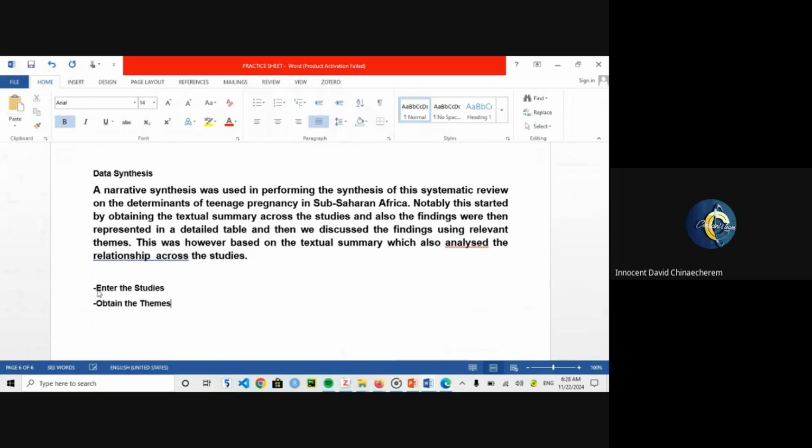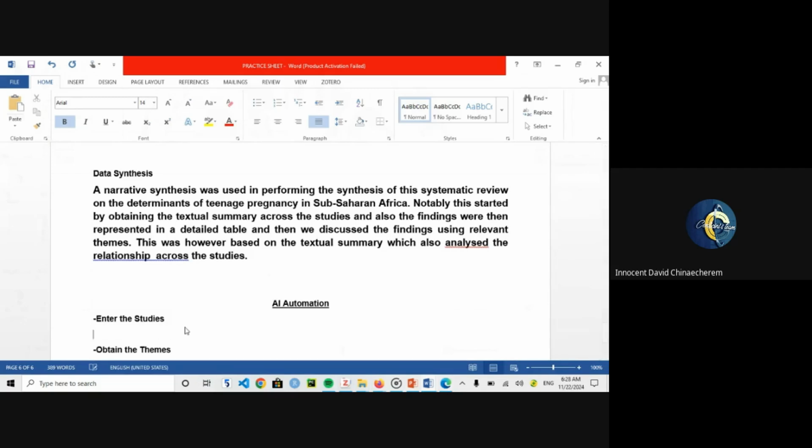Because when we are doing our AI automation, some of the steps that we're going to use in performing our analytic synthesis are, first of all, to enter the studies. Then we obtain the themes, and we discuss the relationship.